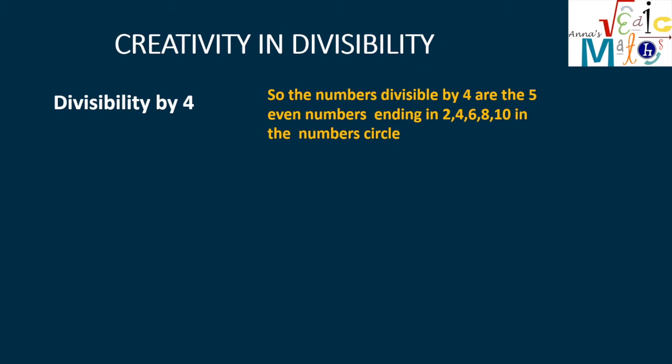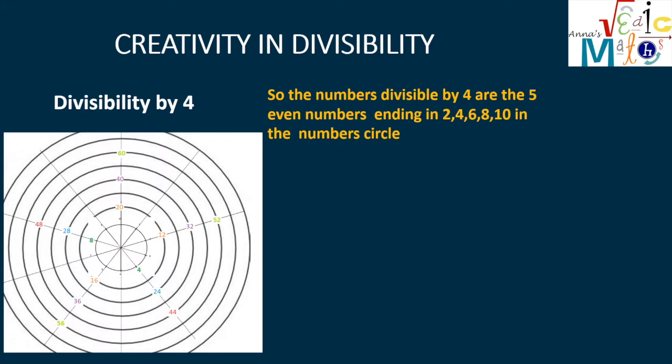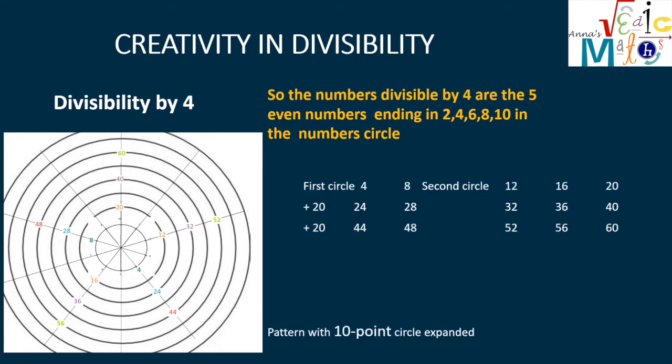If we go on with the numbers over the 4 timetable, we go around the circle and we have interesting things. We have a clear image in the next pictures. Here we see that in the first circle we have 4 and 8. In the second circle we have 12, 16, and 20.